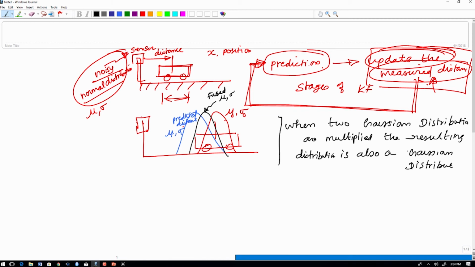This is a very nice property. It is guaranteed to have the resulting Gaussian distribution.